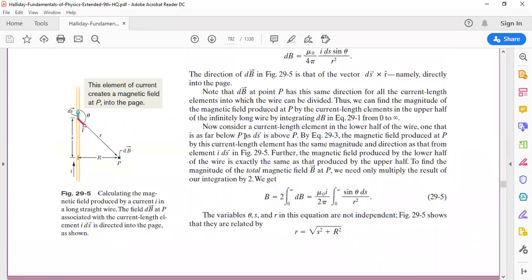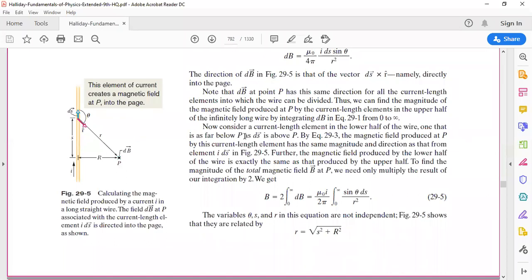So I will ask you people to study a little bit about symmetry. What is meant by symmetry? What is the importance of symmetry, and why is it important to understand symmetry for certain problems?